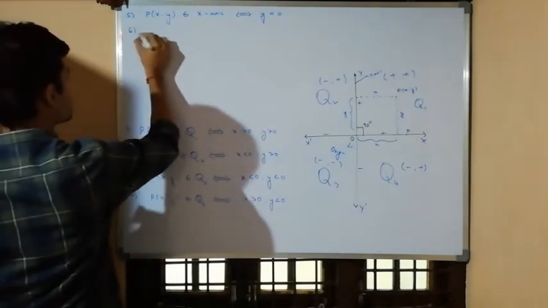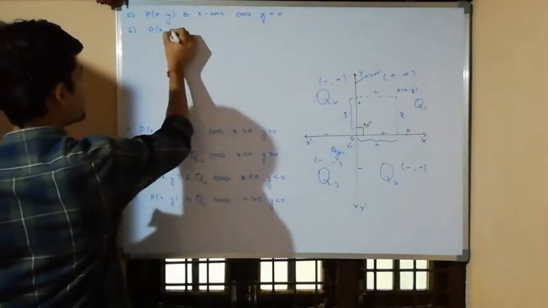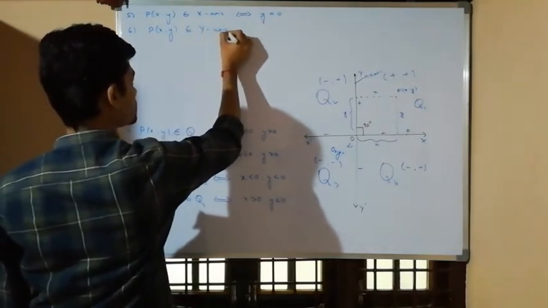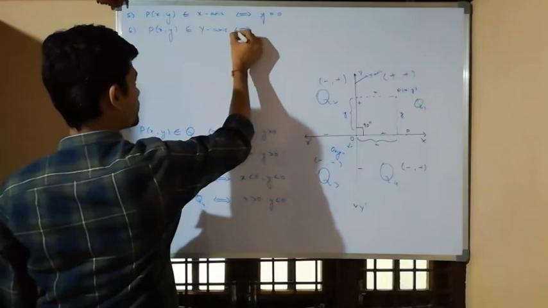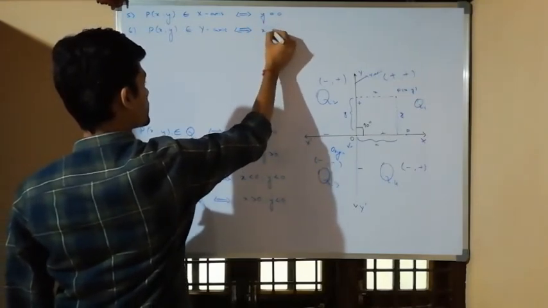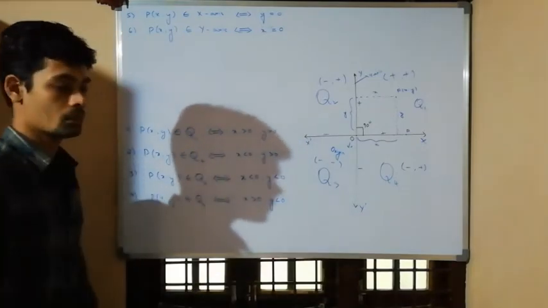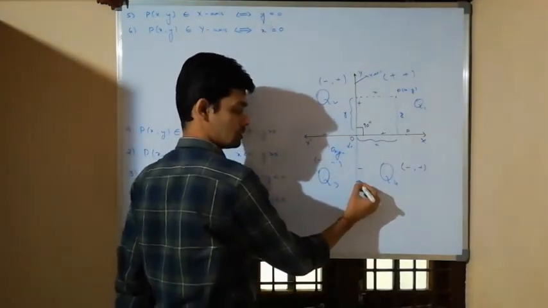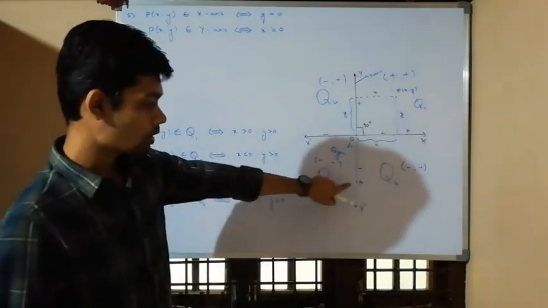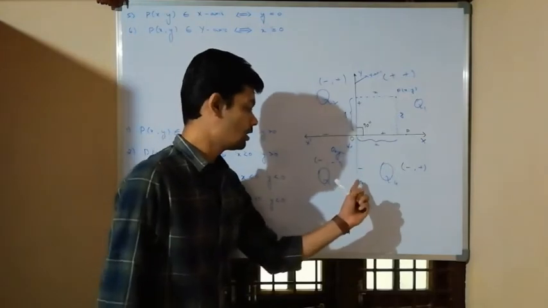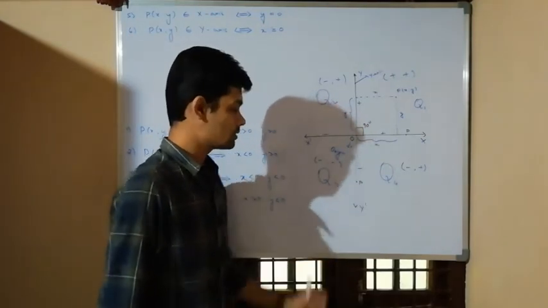Next one, P of x comma y belongs to y axis if and only if its x coordinate is 0. If I take any point here, the distance of this point from this y axis, because it lies on the y axis, its distance is 0.